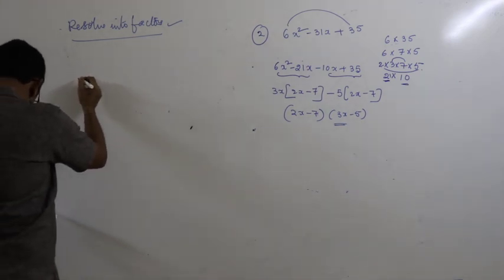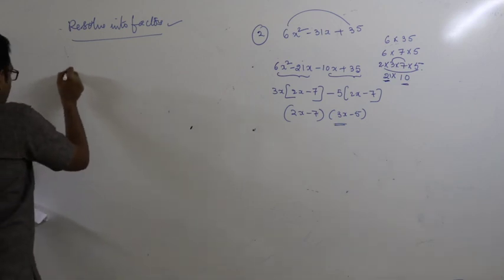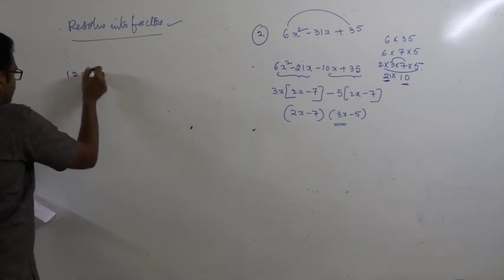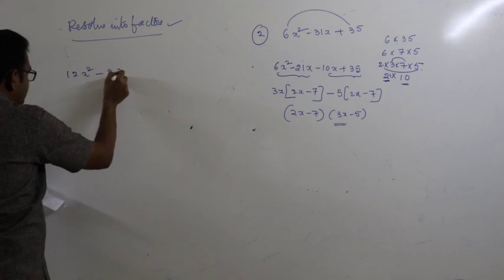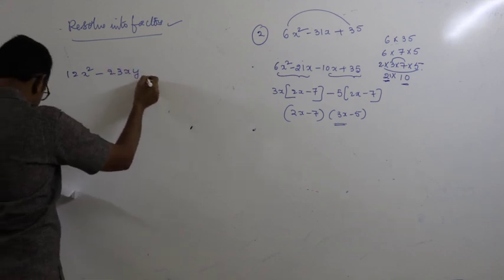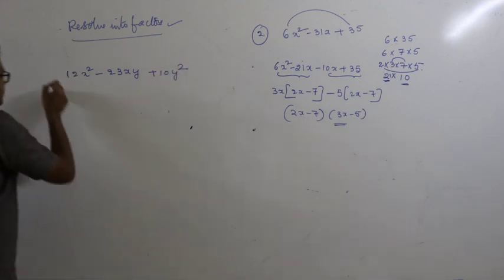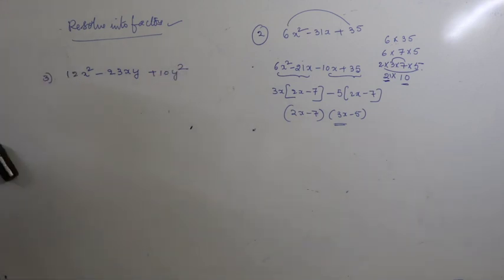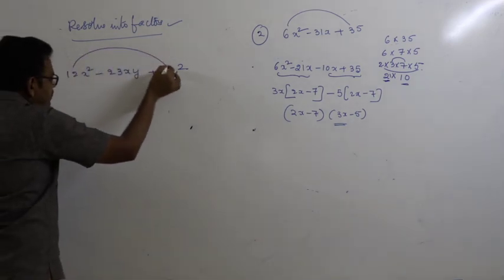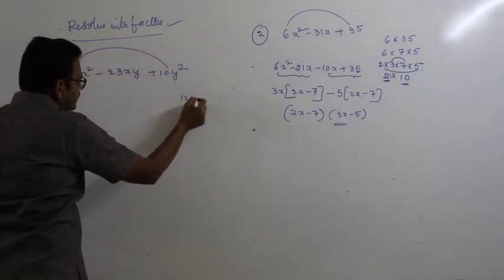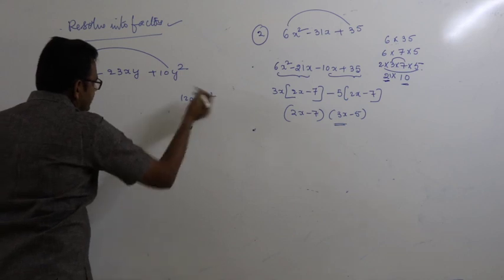And the next problem: 12x square minus 23xy plus 10y square. Now the product of these two is 120x square y square.